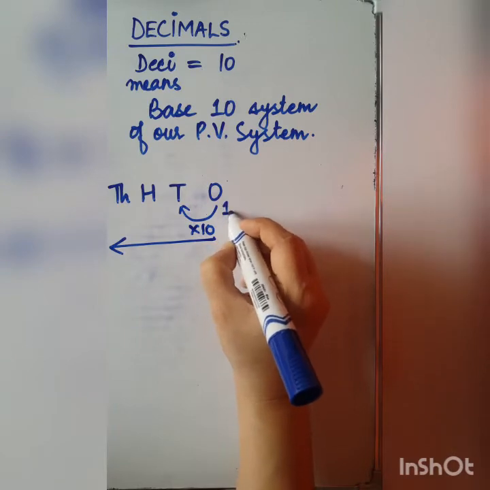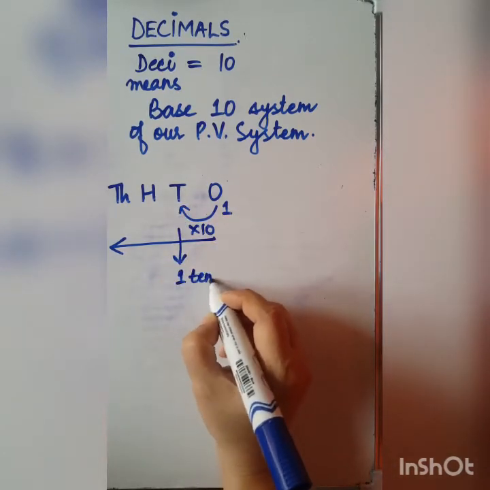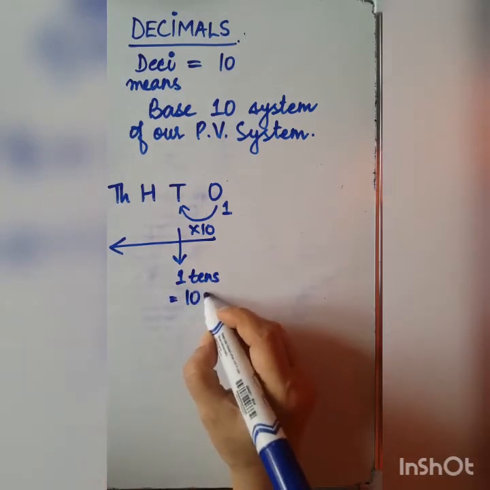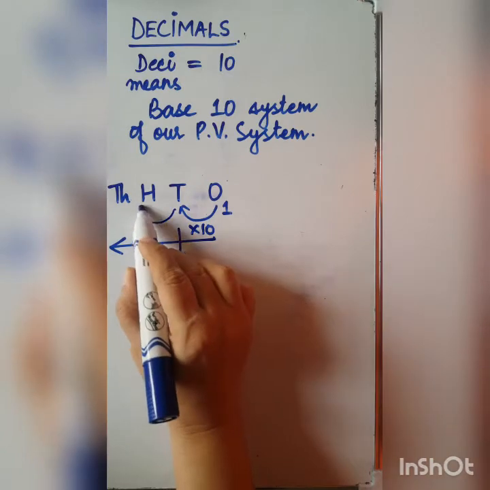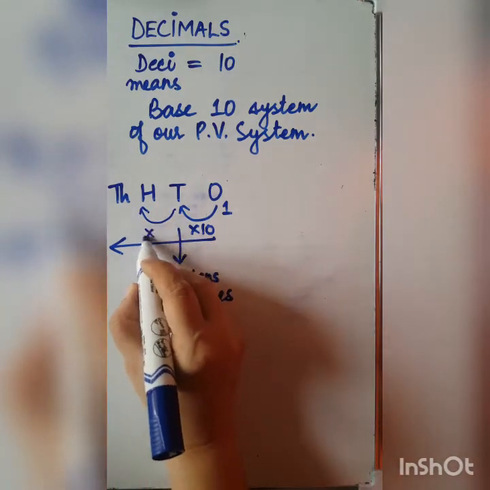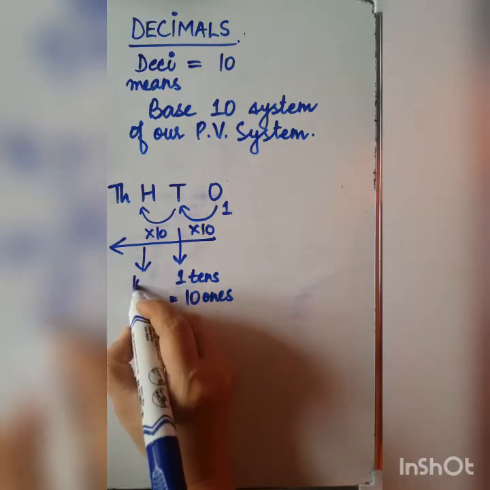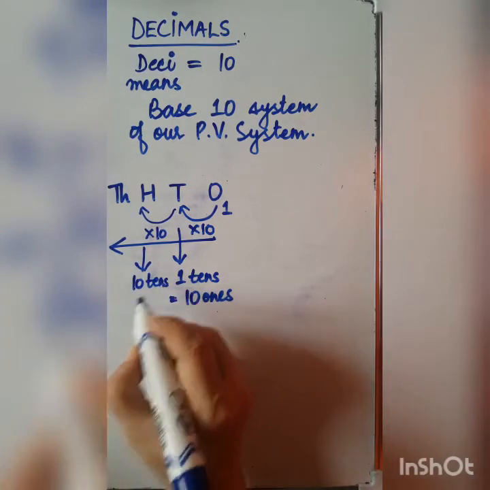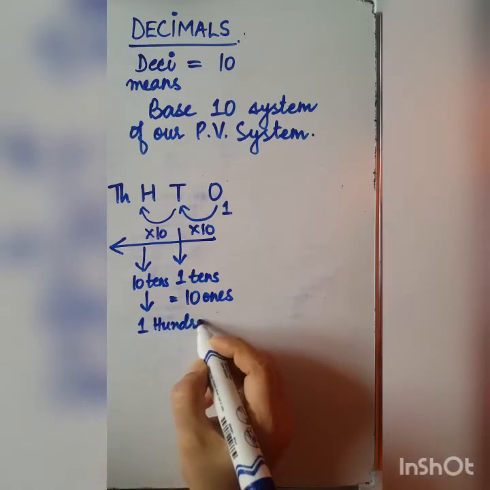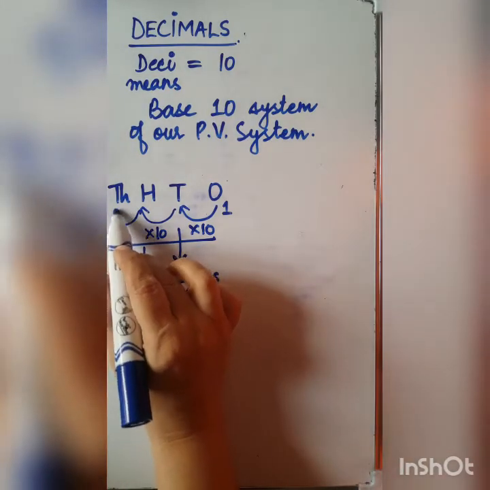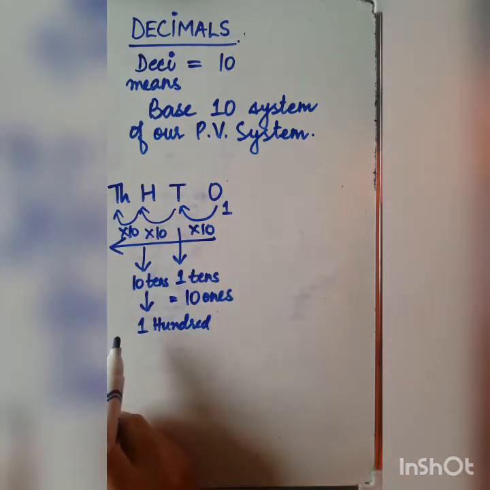So 10 ones make a ten. Similarly, if you multiply 10 tens, that gives you 100. And if you multiply 10 again to 100, you will get the 1000 value.